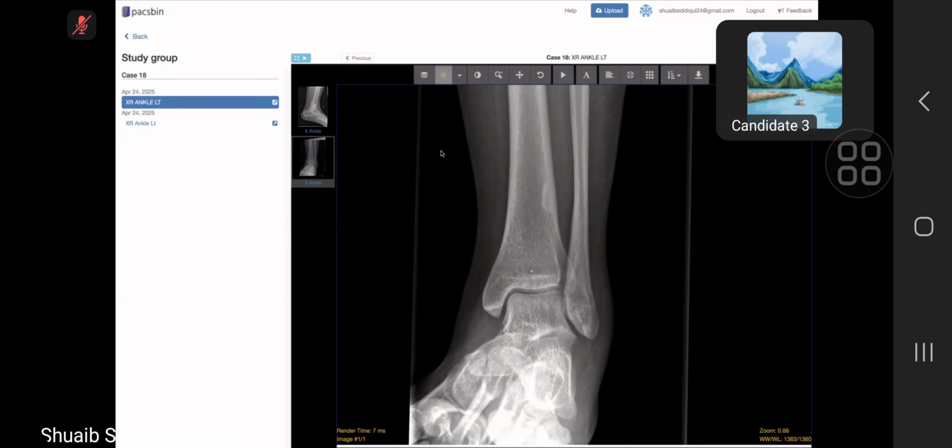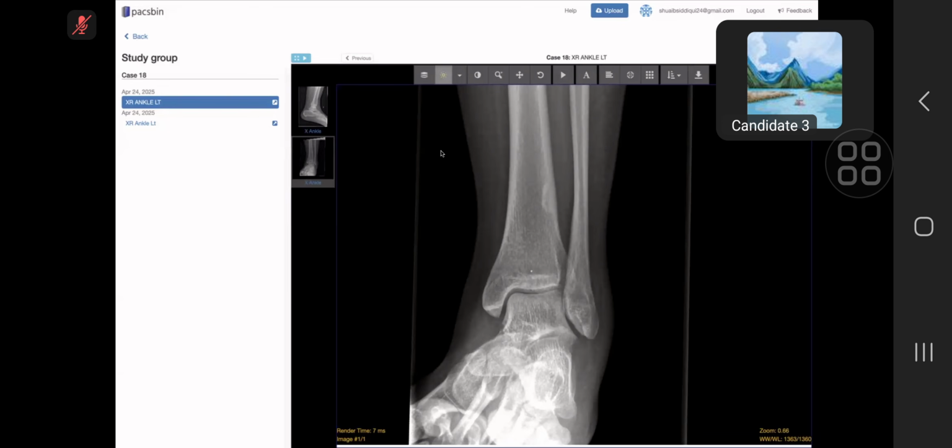Okay, this is the ankle mortise view, left side of a mature skeleton patient, a lady. I can appreciate that there is a well-defined eccentric lesion seen in the cortex, and it has a location which is very typical of fibrous cortical defect.